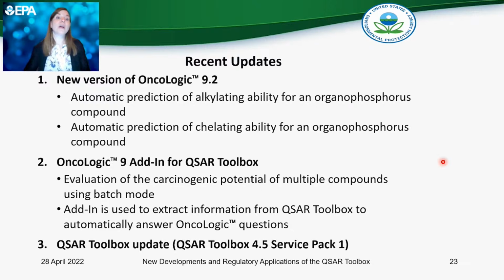There is also now an Oncologic 9 add-in for Qsr Toolbox. This allows the evaluation of the carcinogenic potential of multiple compounds using batch mode within the toolbox. The Qsr Toolbox and Oncologic 9 automatically can work together to extract information from Qsr Toolbox to automatically answer Oncologic 9 questions.